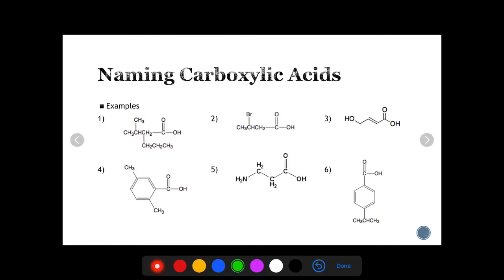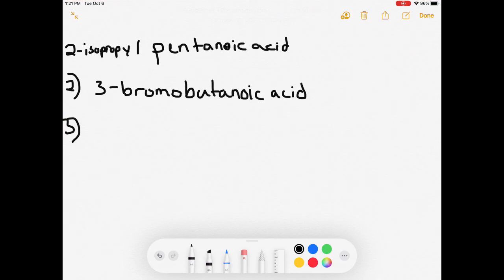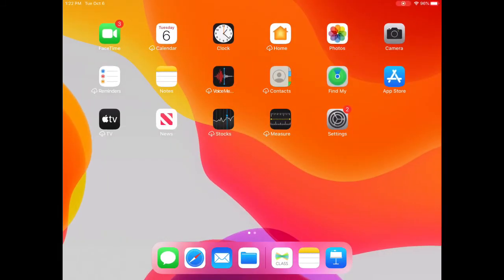So again, let's number. We have 1, 2, 3, 4. Okay, so we have a couple things here. We have a double bond, and we have an OH group, and our carboxyl group. So we're going to start by naming the OH group, which is on carbon 4. So we're going to say 4-hydroxy, and then we can number where the double bond is.